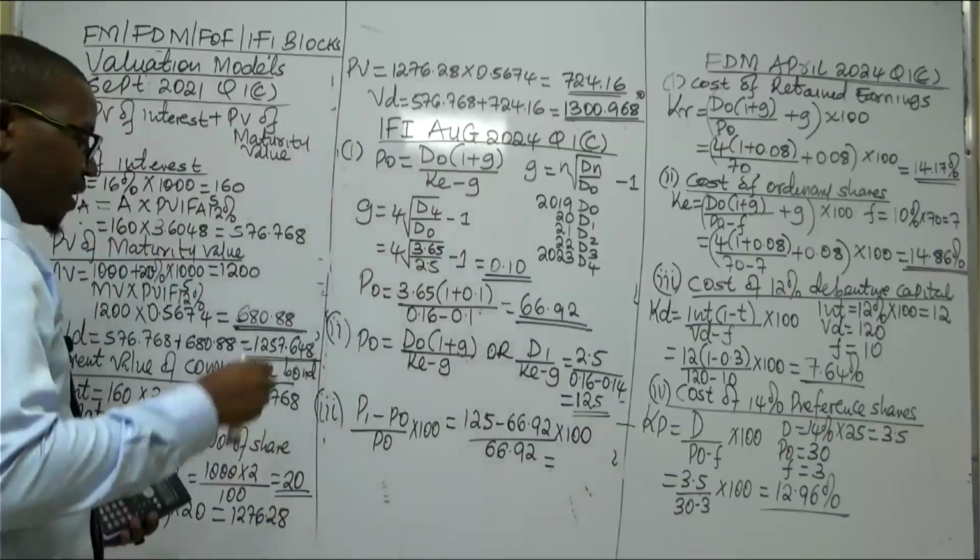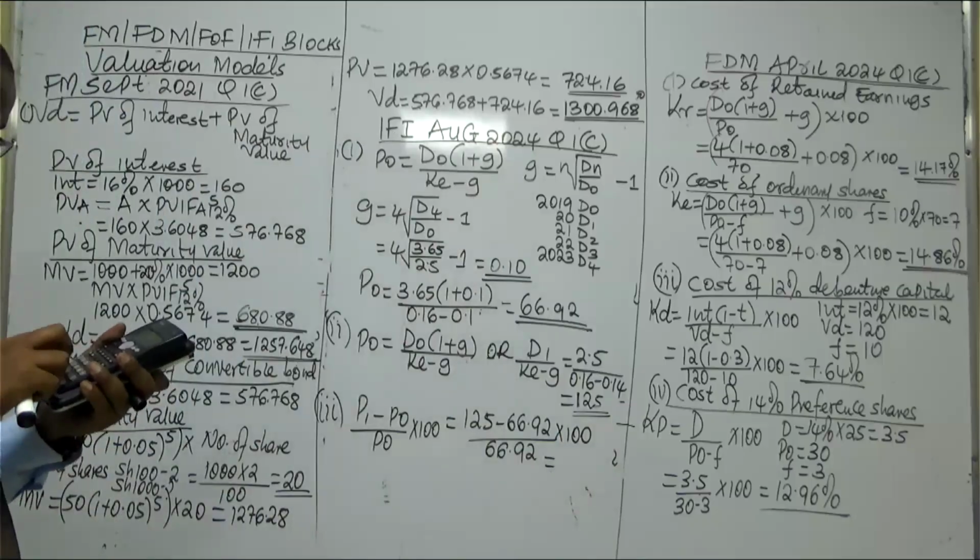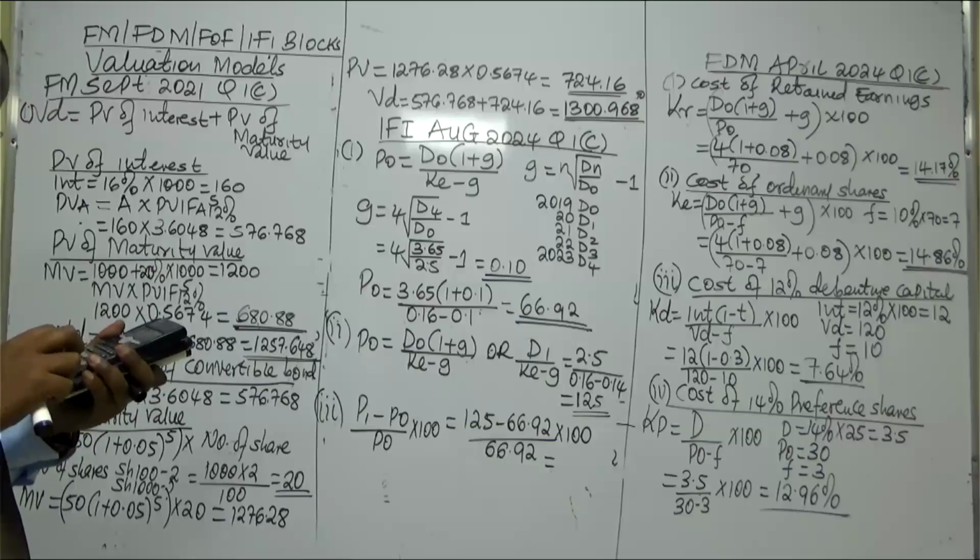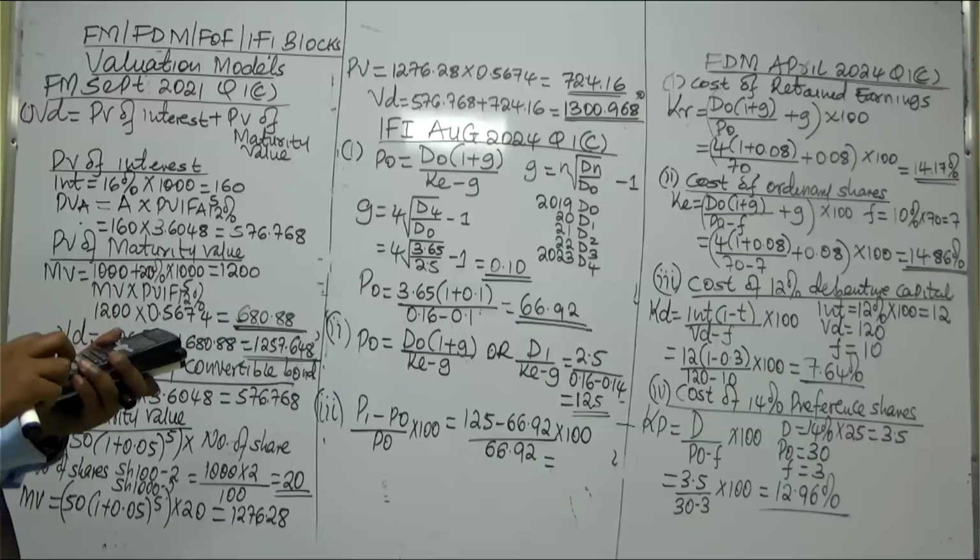How much does that give you? 125 minus 66.92 divided by 66.92.